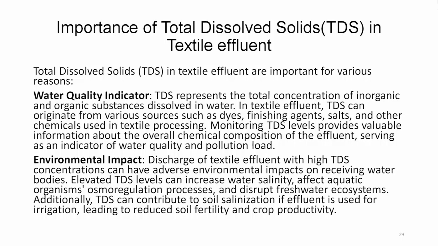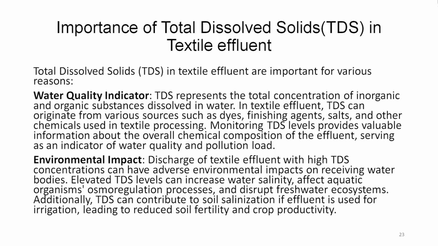Importance of total dissolved solids, TDS, in textile effluent. Total dissolved solids in textile effluent are important for various reasons. Water quality indicator. TDS represents the total concentration of inorganic and organic substances that are dissolved in water.